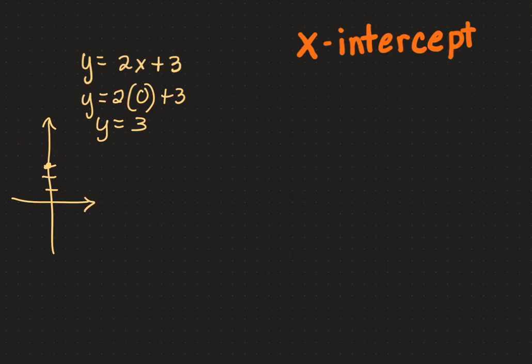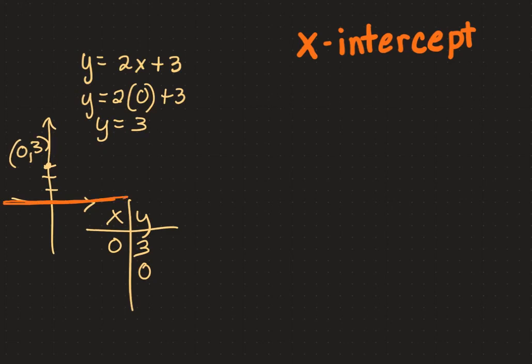Well, let's think just a little bit more about what that y-intercept means. If we make a t-chart, a t-table, where x is 0, y equals 3. Well, what happens when y is 0? If y is 0, the point that has a y value of 0 is going to be on that x-axis. It is going to be the x-intercept.